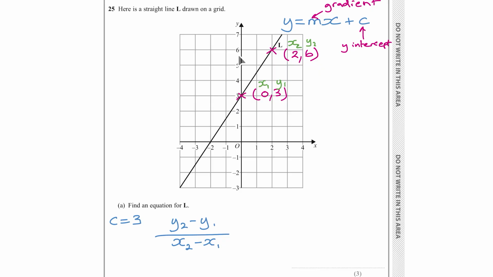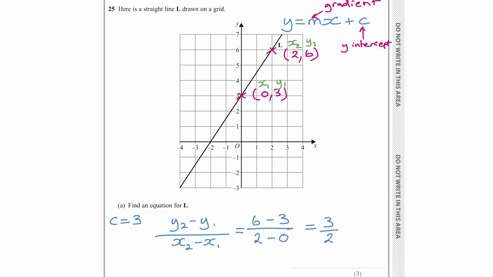What we're doing here is finding the difference in y divided by the difference in x. We pop those values in. So y2 was 6 and y1 is 3. So 6 minus 3 divided by x2 was 2 and x1 is 0. That gives 3 over 2.